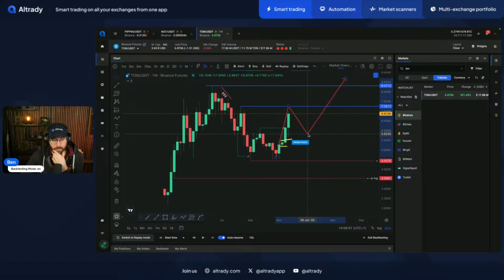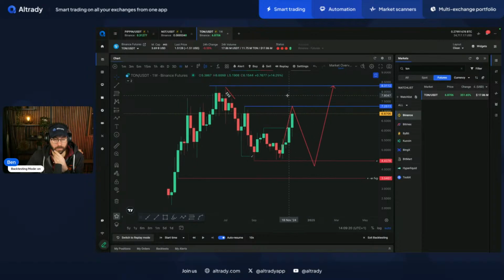You don't have any fair value gaps on this move up on the weekly time frame. It could even be like this, or just a sweep of this one. There was just this one fair value gap, then this one, and then it's just pretty balanced action. So it's not so clear.